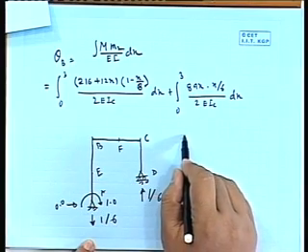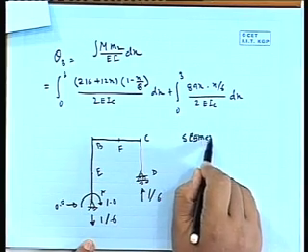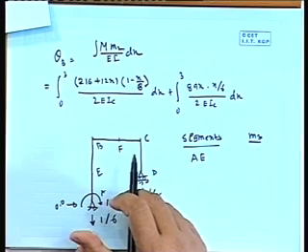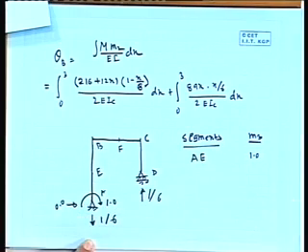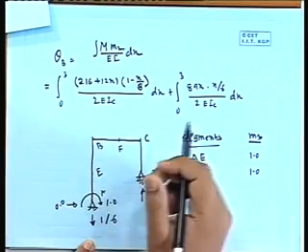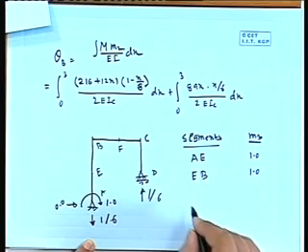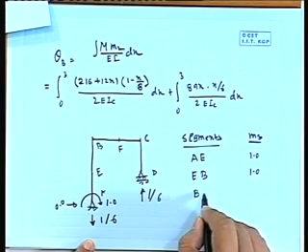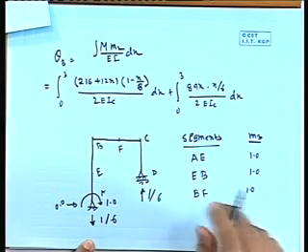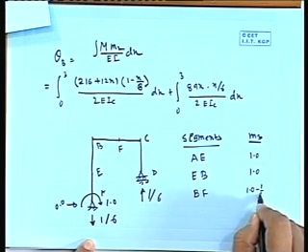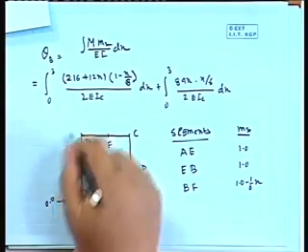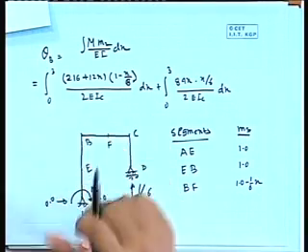So if we put the segment, and say it is M3, your AE moment will be 1, and your EB will also be 1. Now, BF will be 1 minus 1 by 6 into x, plus 1 by 6 into x, another moment.